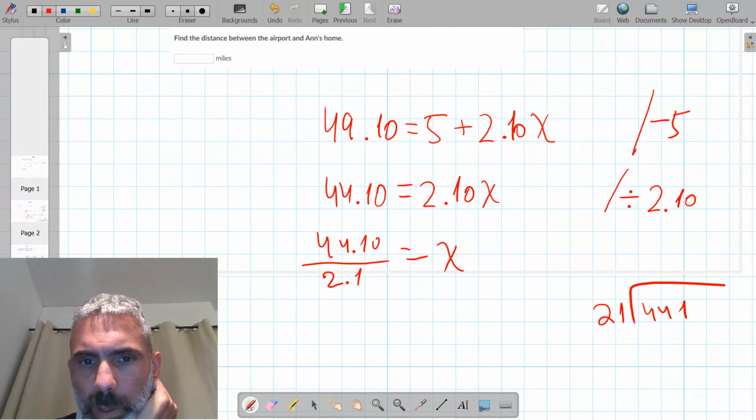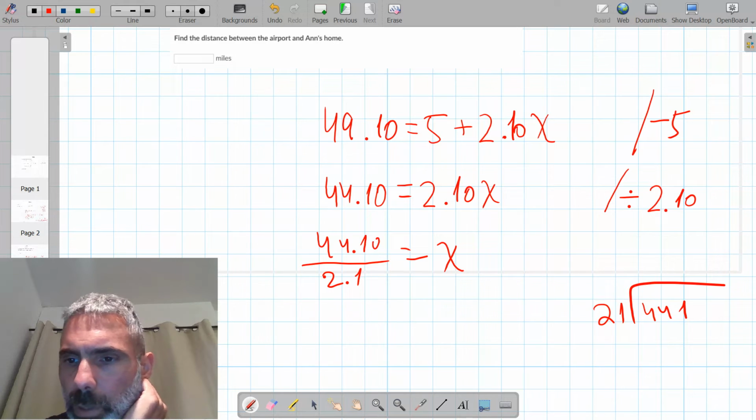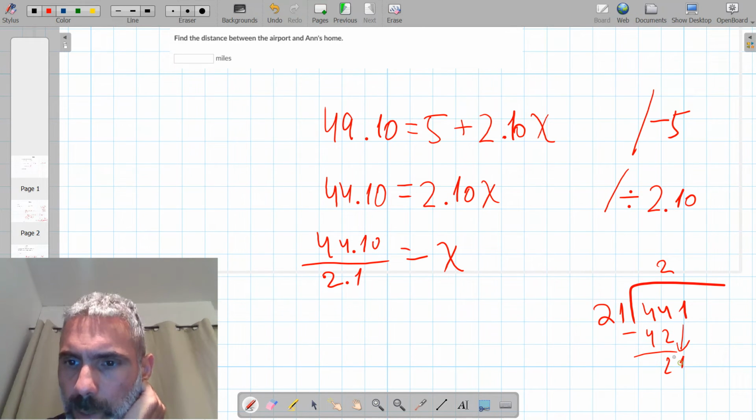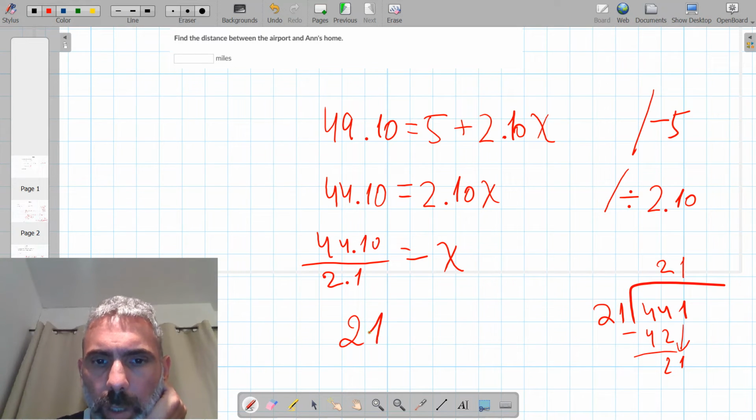So 21 goes into 44 2 times. 2 times 21 is 42. 2 remainder, bring down the 1. 21 goes into 21 one time, so x equals 21.